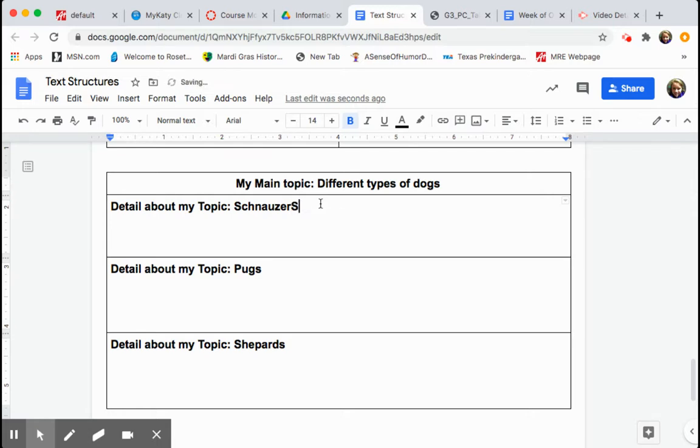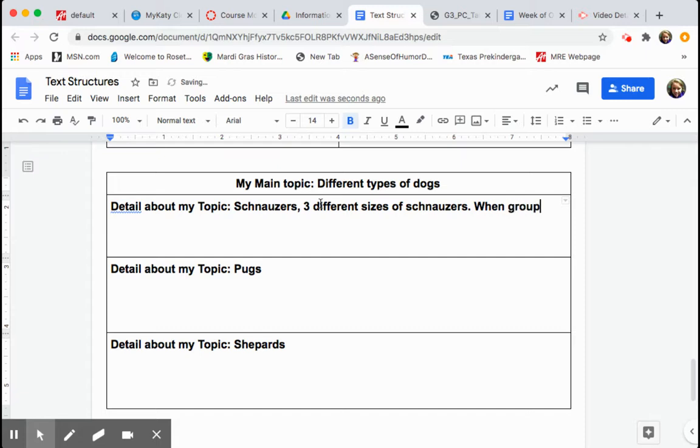So if I'm talking about their features, I could tell you that there are three different sizes of schnauzers. And then whenever I'm in this chapter, I'm going to tell you about the three different sizes.